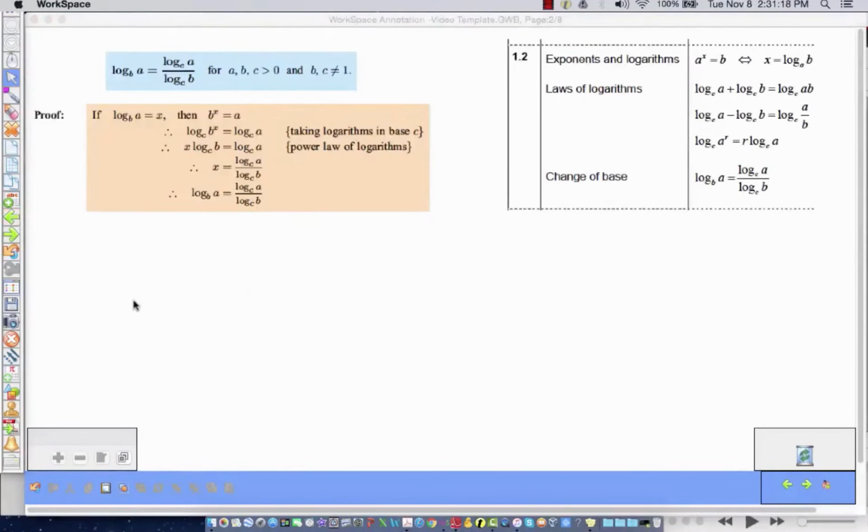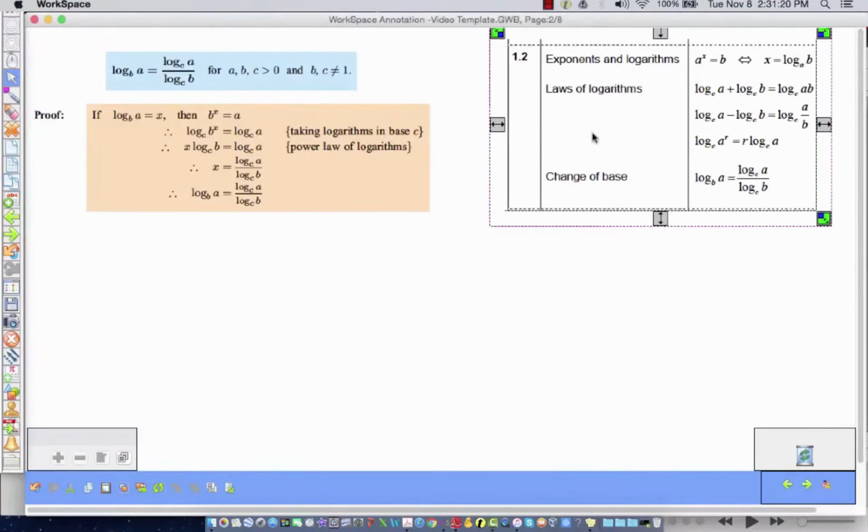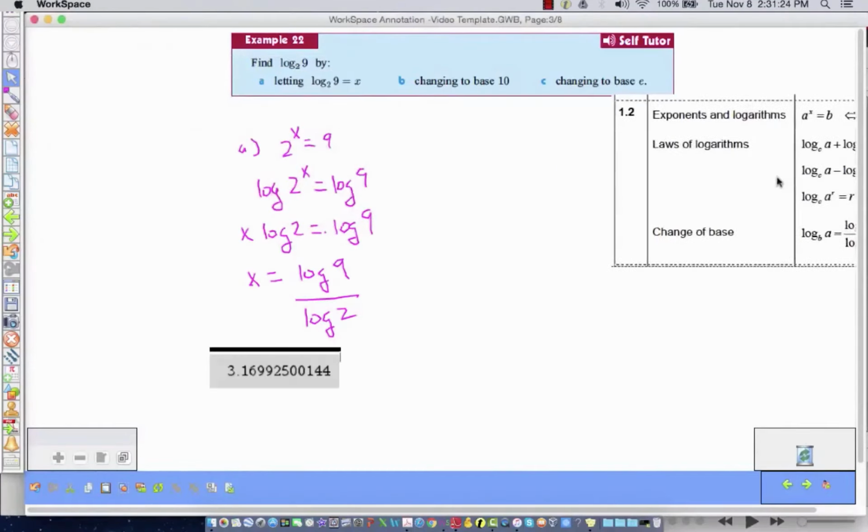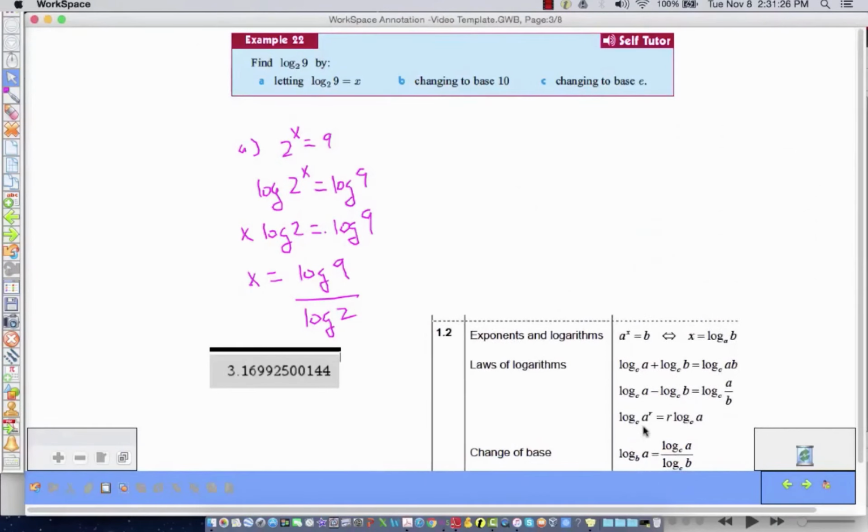Let's go back. Let's grab this, copy it, move it over so we can follow it. Okay, so there's our change of base right here. And so for b, we're going to change log base 2 of 9 to, okay, so log base b of a, so that's going to be a log 9 on top and a log 2 on the bottom.